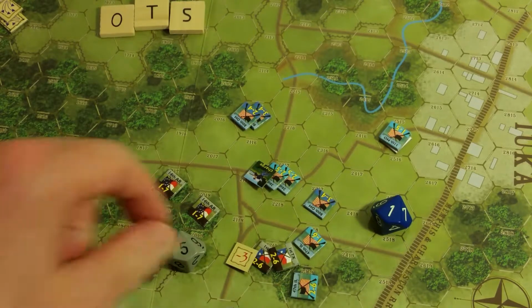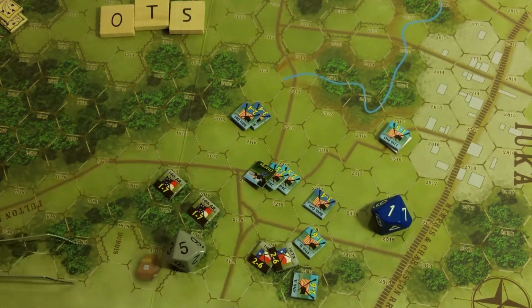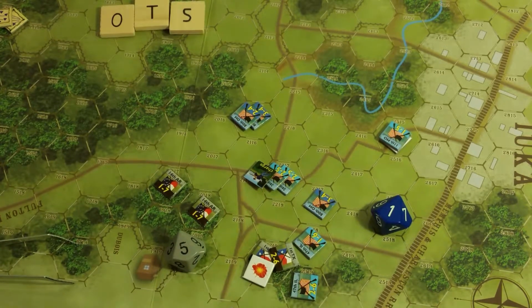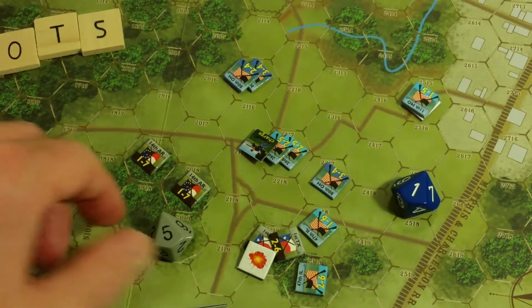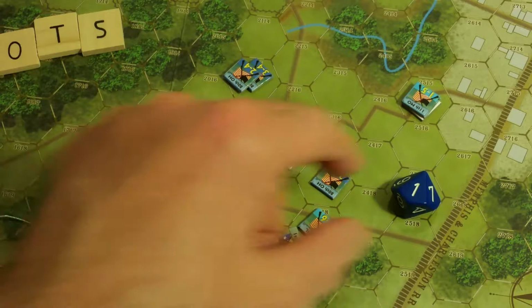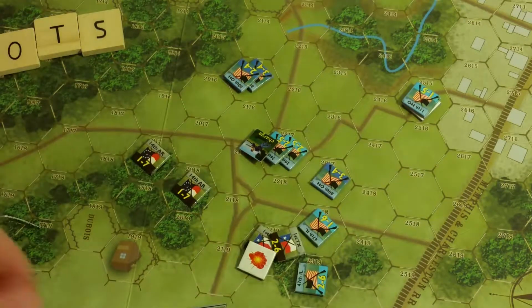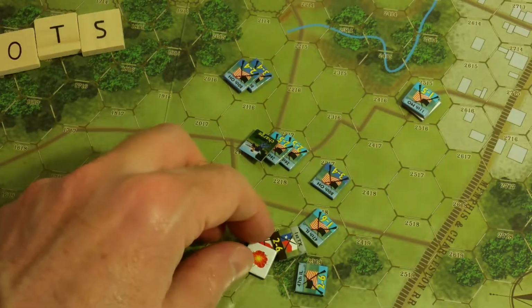Okay, so instead of being disrupted, and by the way, is it a 1-0 hit? Wow. All right, so when I keep saying a hit, it is a hit for the whole stack.